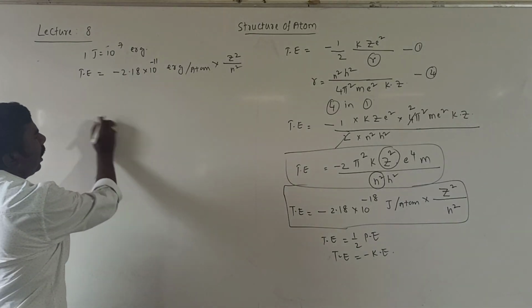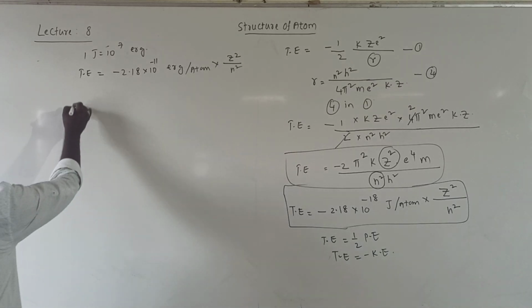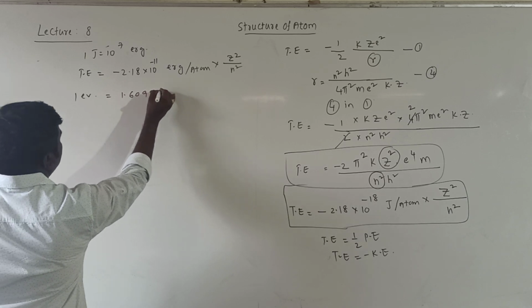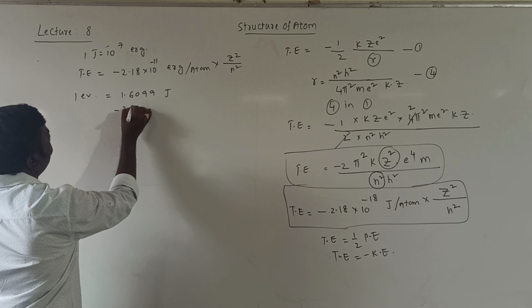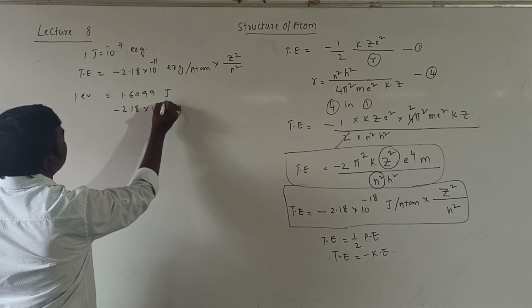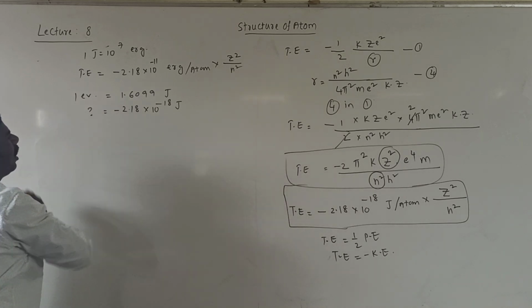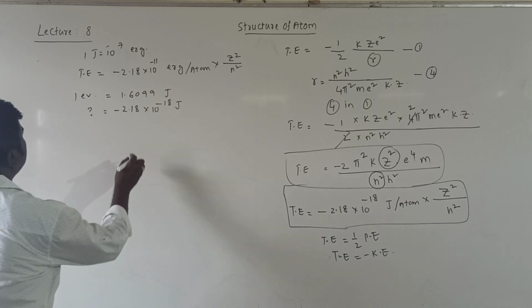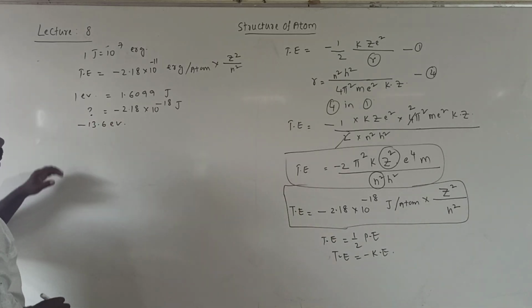So 1 electron volt is equal to 1.6 into 10 to the power of minus 19 joules. 2.18 into 10 to the power of minus 18 joules is equal to how many electron volts? If you solve this, you will get minus 13.6 electron volts. Clear?